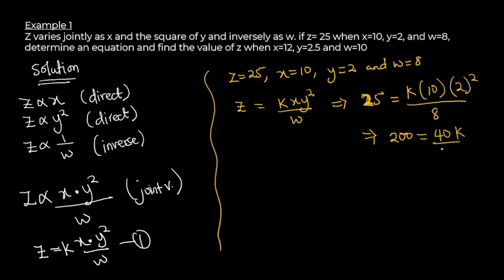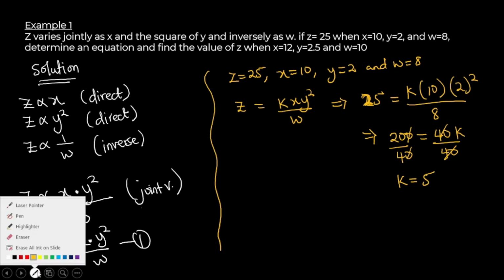So we divide both sides by 40 to get the value of our constant. So our K, 40 goes into 200 five times. So our variation constant, or proportionality constant, is equal to 5.